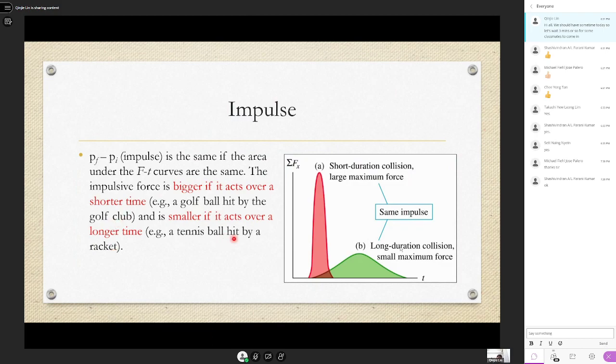So the racket whacking the tennis ball, the collision itself will last much longer than a golf club hitting a golf ball. So that delta t is much longer, and the force felt by the tennis ball from the racket, the max force, is much lower.